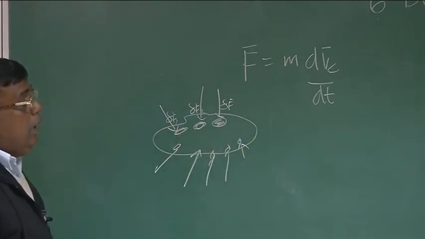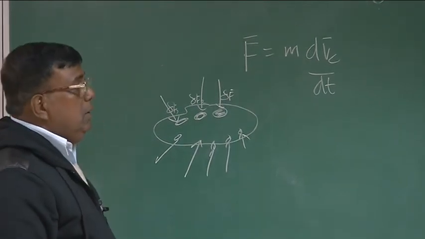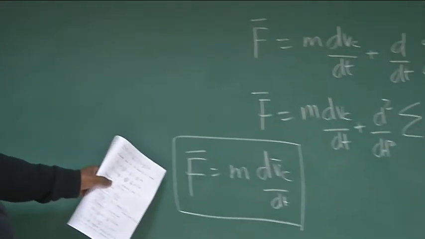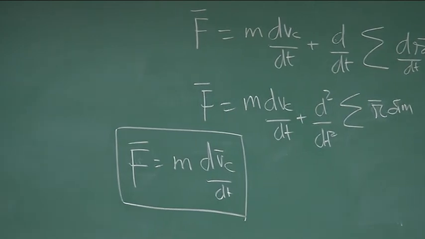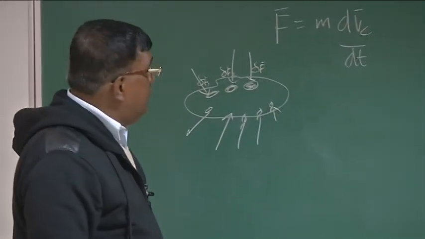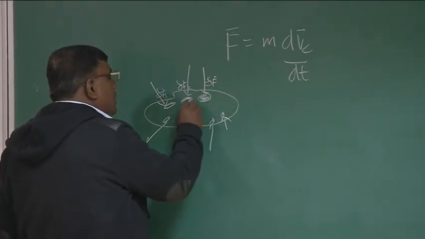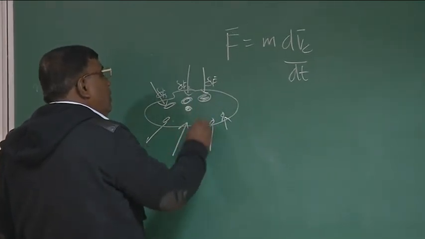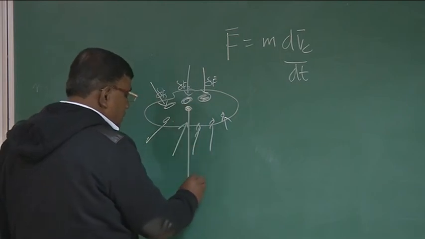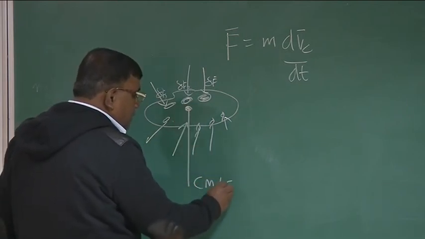Now how to apply Newton's law? This tells you the way to handle it, as long as we are working in an inertial frame of reference. Forget about the delta mass and all this. Find out the center of mass of the whole body, for our case it is the CG also.